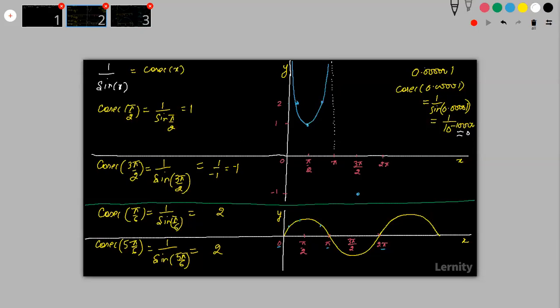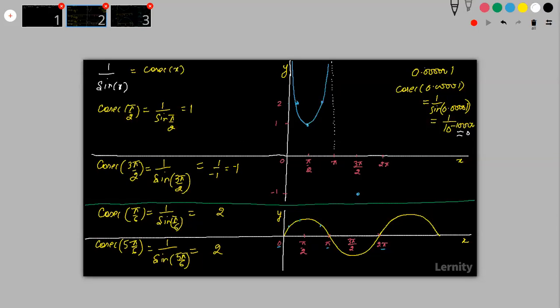From pi to 2 pi, what is happening? Sine takes the same values, but with a negative sign. After this, it will take 1 by 2 with a negative sign, root 3 by 2 with a negative sign, 1 with a negative sign, and all with a negative sign.